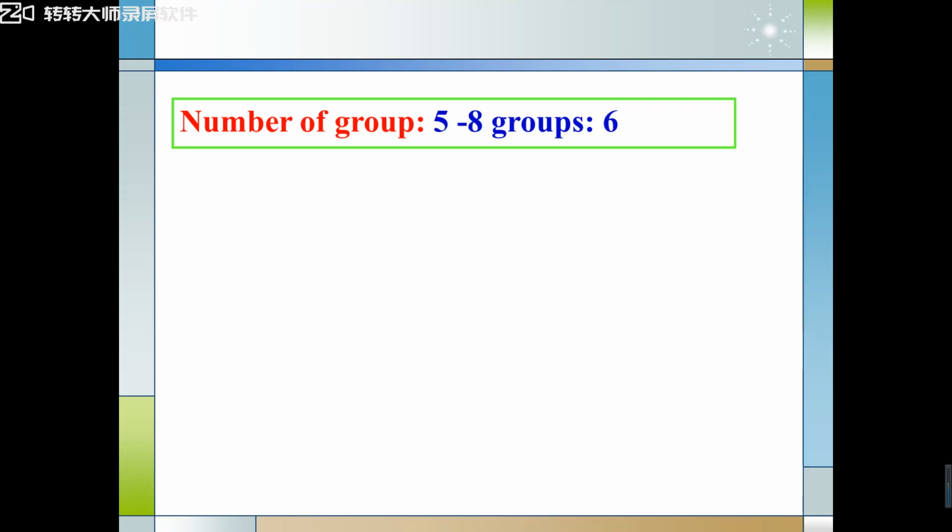And in our lab, we divide the experimental animals into 6 groups. So 6 is within 5 to 8, so it is suitable for Kärber's method.